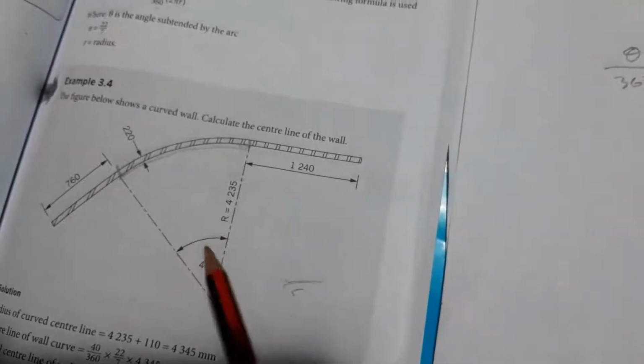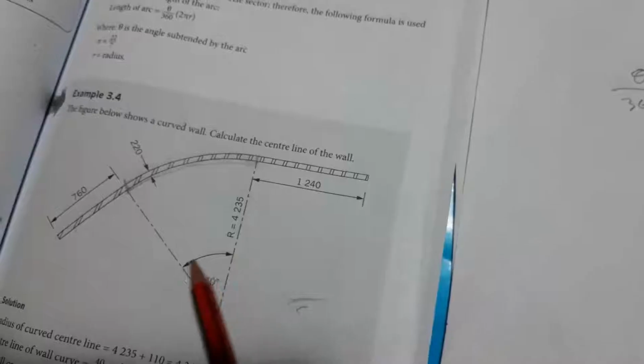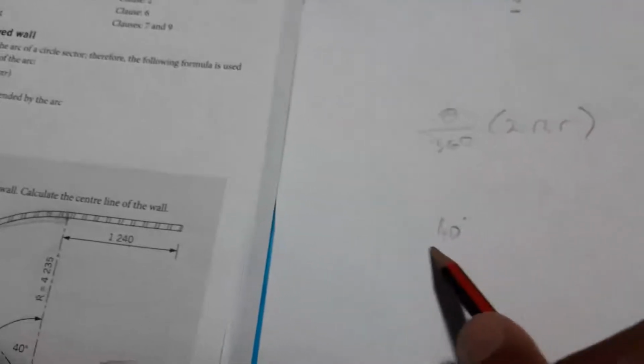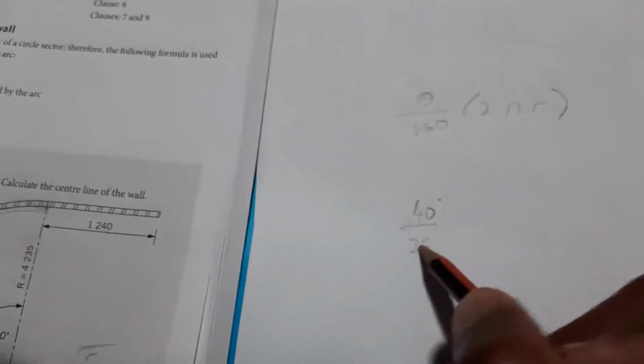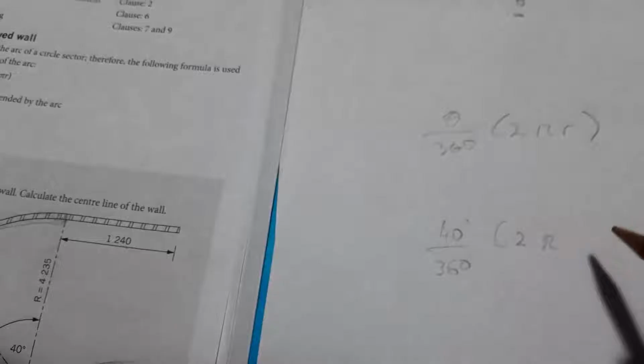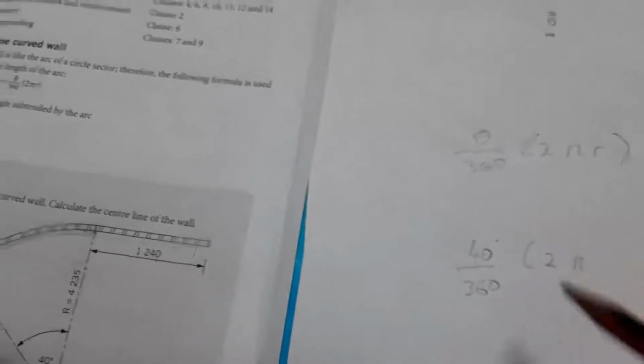So on your plan you are given theta, or I can say the angle. So your theta is 40 degrees. Then it will be over 360. Then times 2 times pi times r.